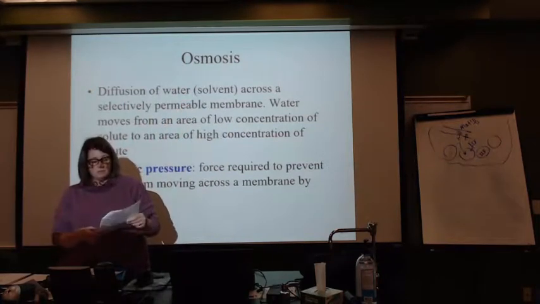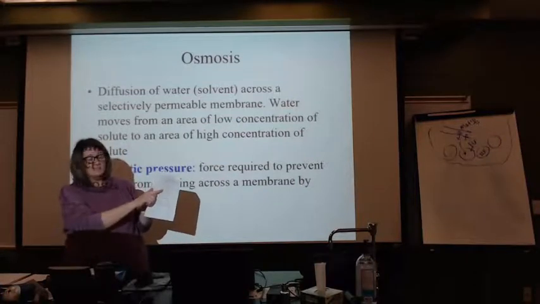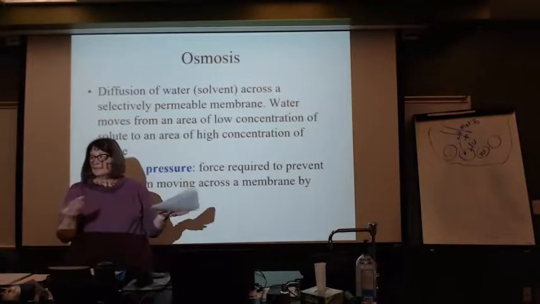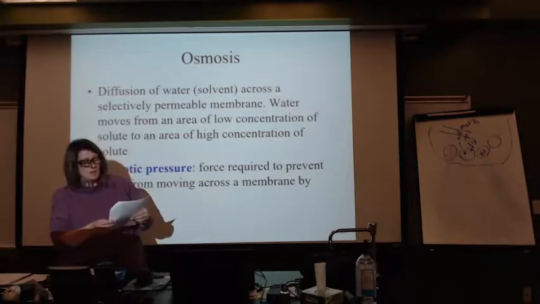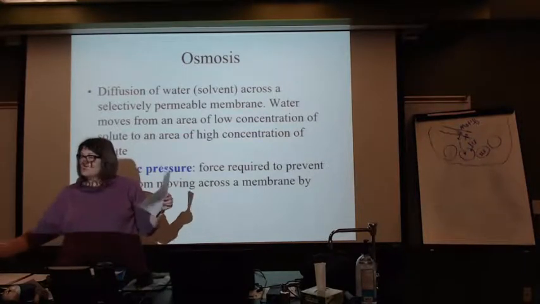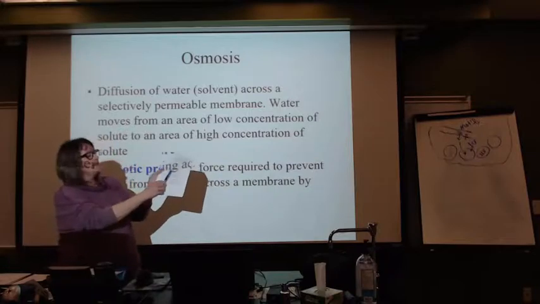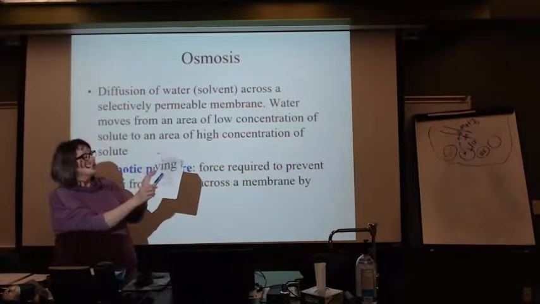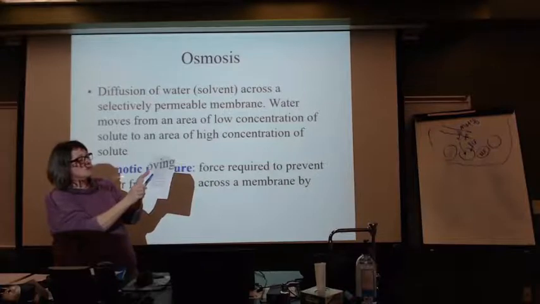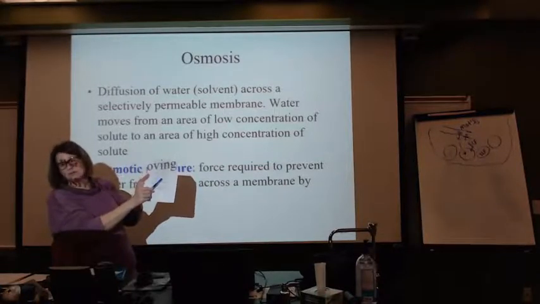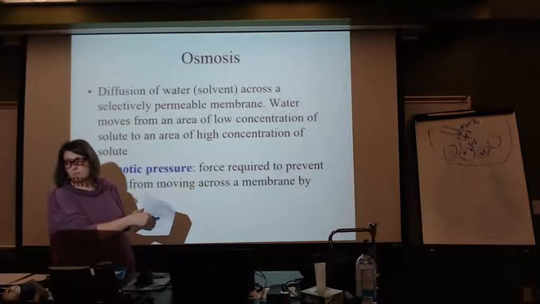Once again, note, passive process, no energy required. Water wants to go. Note that it's telling us, okay? Water wants to go from an area of the lower concentration of solute across the plasma membrane to the area of higher concentration of solute.